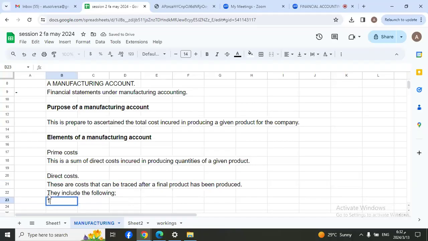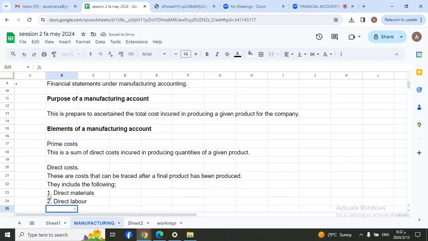So we start with number 1, which is direct materials. Number 2 is direct labor.